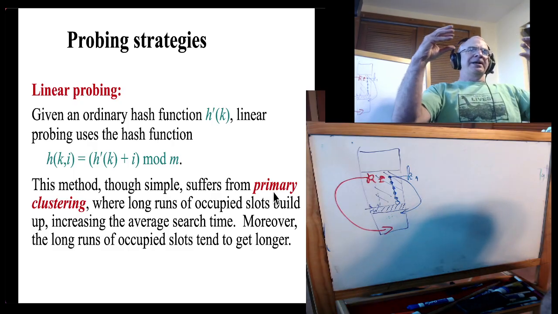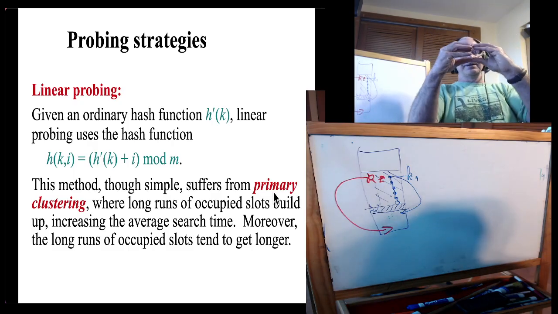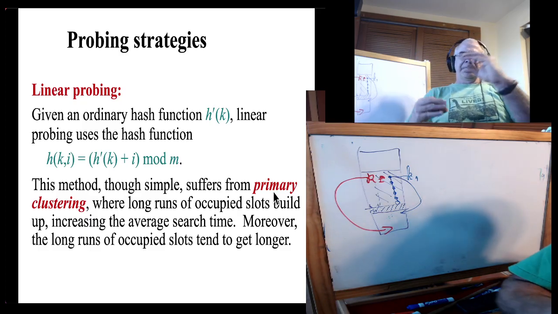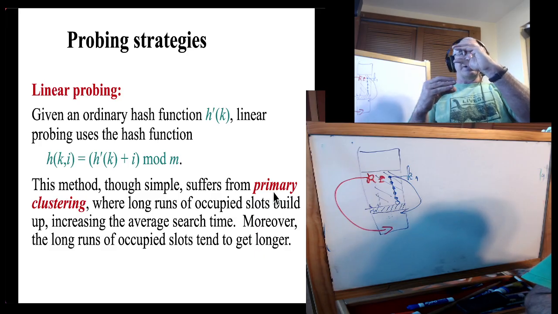Once again, if I had two keys that collided in some attempt, I very much hope that in the next attempt, either because the keys are different or because it's not the same i, these two keys will find themselves in different locations in the table.